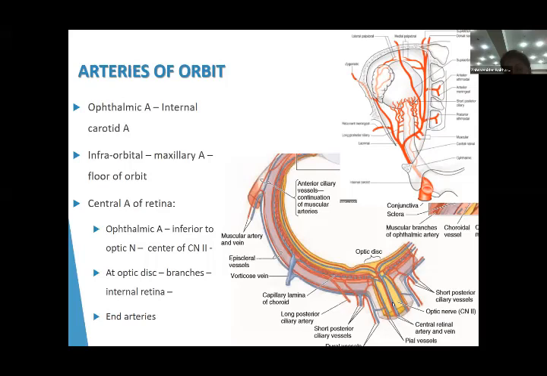the retina. Okay. Central artery of the retina arises from the ophthalmic. Okay.